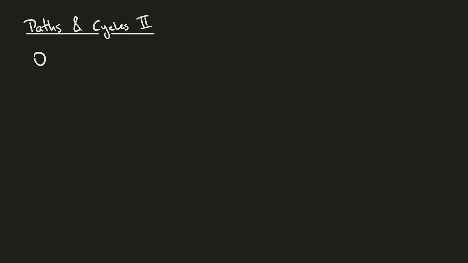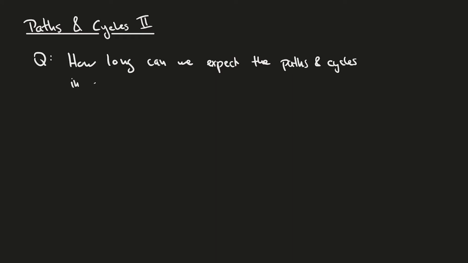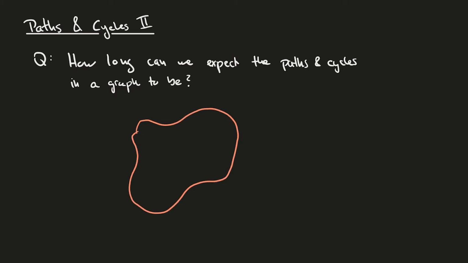The first question we'll try to answer is, how long can we expect the paths and cycles in our graph to be? For this question, we can imagine that we're given some graph G, and we don't necessarily know what the exact structure of G is, but we might have some idea of some of the parameters that G has.